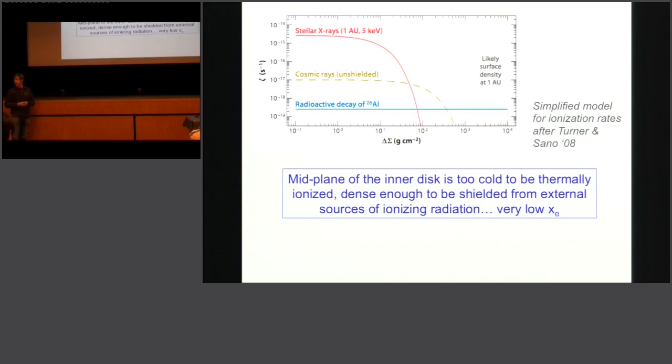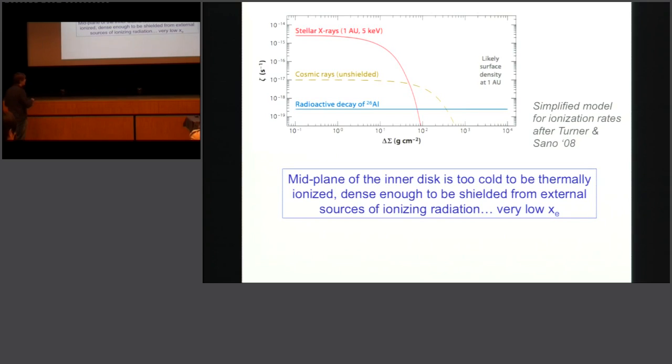So the general qualitative picture we then have is that the surfaces of the disk may be reasonably well ionized, but if we're really interested in the midplane, in the terrestrial planet-forming region at 1 AU, 2 AU, a few AU, that region is both very cold, so the thermal ionization will not be effective in giving us a decent degree of ionization, and it's also very dense and therefore shielded from the most important external sources of ionization.